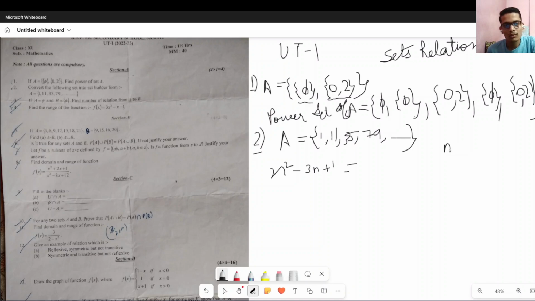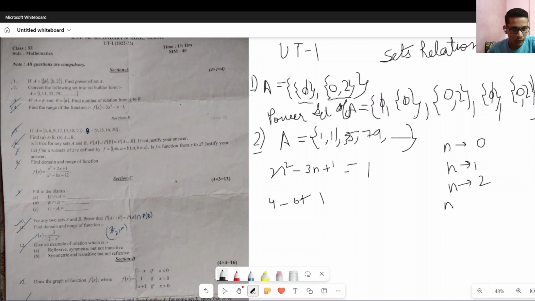Now n square minus 3n plus 1. If n starts from 0, what will be the answer? This will be 1, because all these other terms will be 0. Next, if n equals 1, this expression will give me a negative value, that is not required. If n equals 2, it will be 4 minus 6 plus 1, which gives the negative value minus 1.